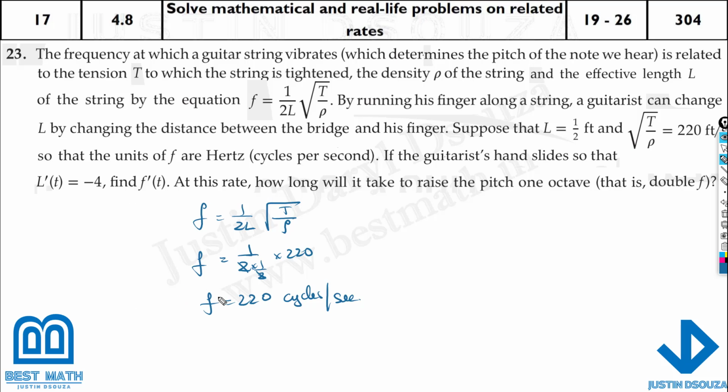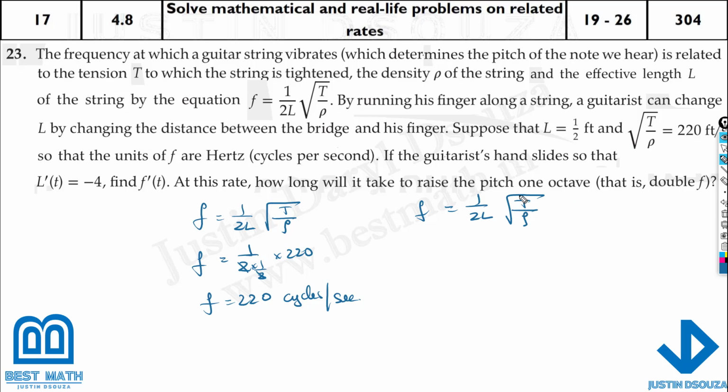Now this is just the f value. What is the derivative? Let's do the derivative. Before doing the derivative, let me write f is equal to 1 by 2L square root T by rho. Here, look carefully, they have given us L dash.